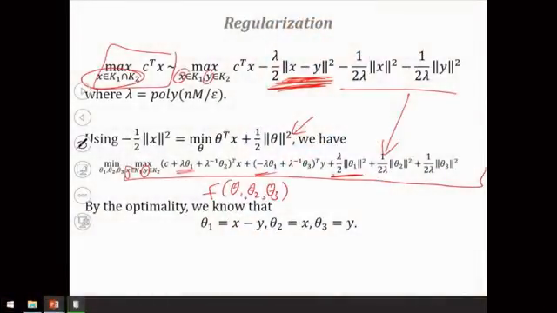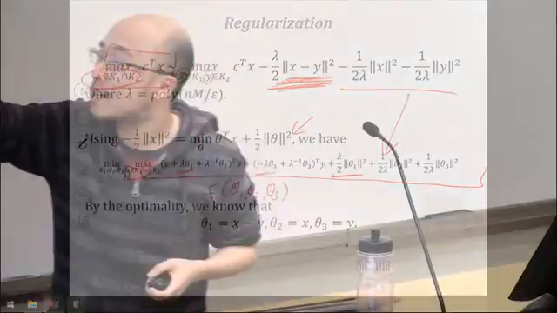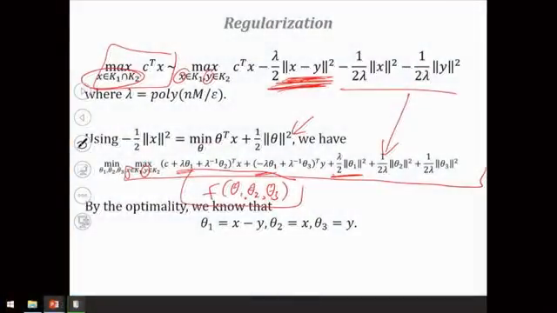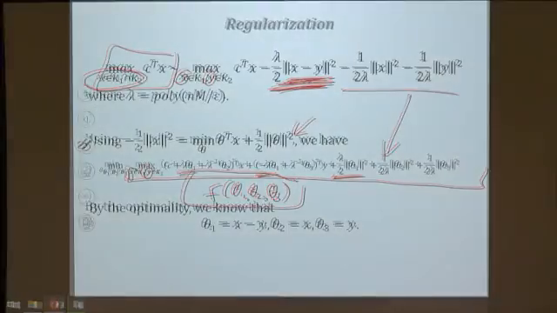So the key observation is here. When you look at the optimality condition for this saddle point problem, turns out theta 1 equals x minus y, theta 2 equals x, and theta 3 equals y. That means if you find the minimizer of the function f, then you can just output theta 2 and theta 3, they are x and y.